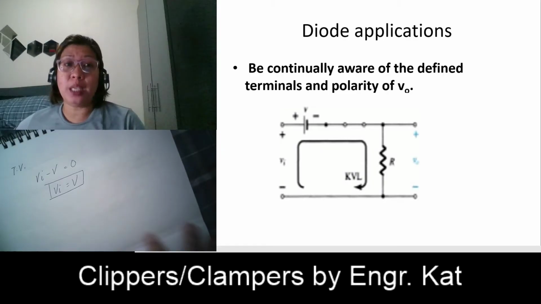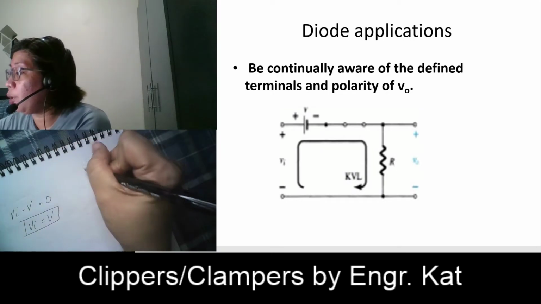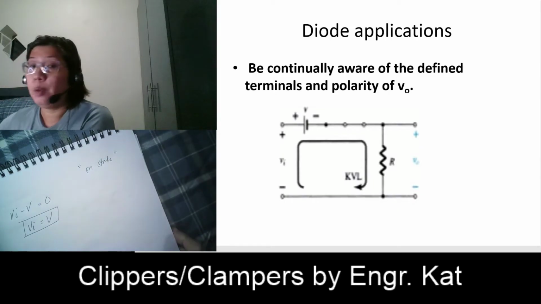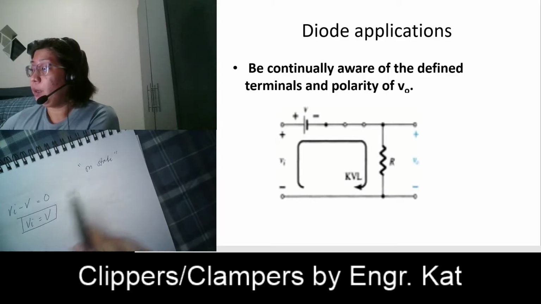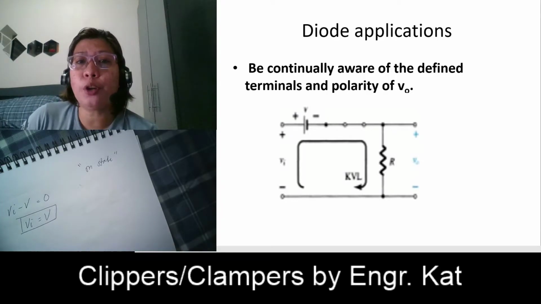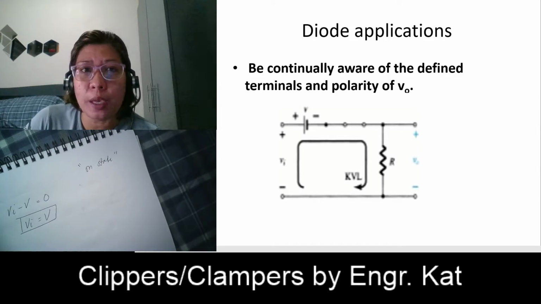So, once your diode is in the on state, what happens? You have your voltage here with you, and then this is shorted, and there's a current already flowing across R. All you have to do is to have your KVL here.